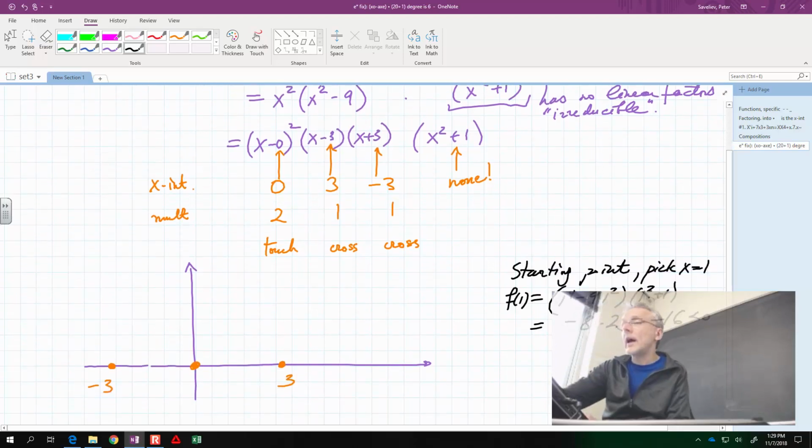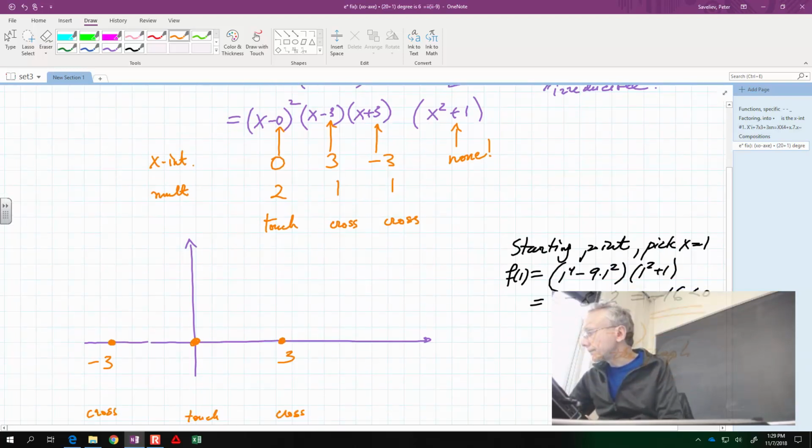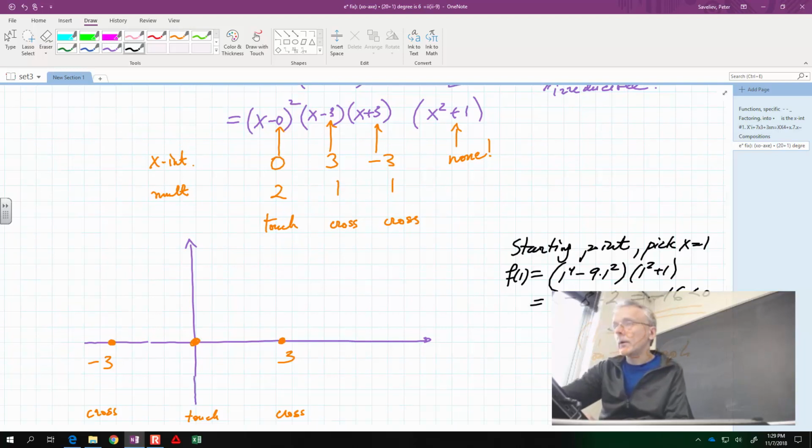So that extra point has been found. The point on the graph is 1, negative 16. It is on the graph. That point that I just found is here somewhere.